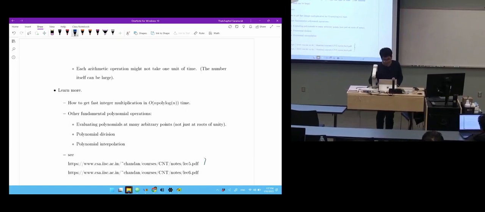The way to do that is more about algebra, not about how to design divide and conquer algorithms. That's why I stay at this level, to convey how to design divide and conquer algorithms. But you can certainly look at this.